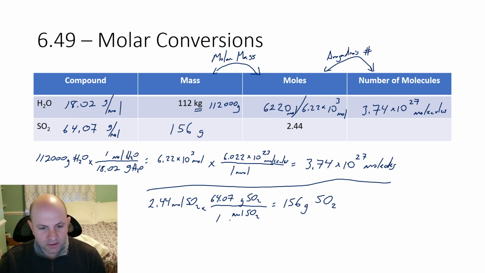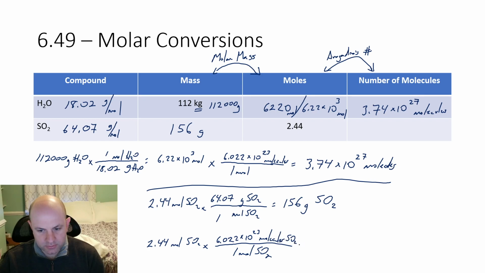And then for the next calculation, again, just starting at moles, going to molecules. So 2.44 moles of SO2, and then 1 mole of SO2 on the bottom, 6.022 times 10 to the 23rd molecules of SO2 on top.